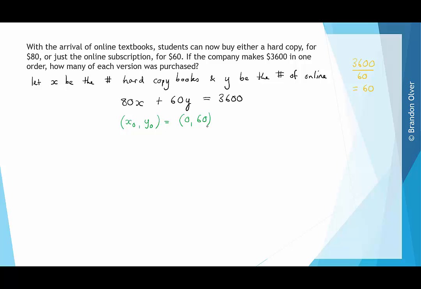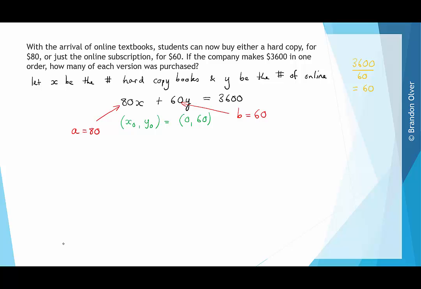And of course, in our equation, we can see that a equals 80, which is the coefficient of x, and b equals 60, which is the coefficient of y, for when we're trying to find our highest common factor and then our general solutions.